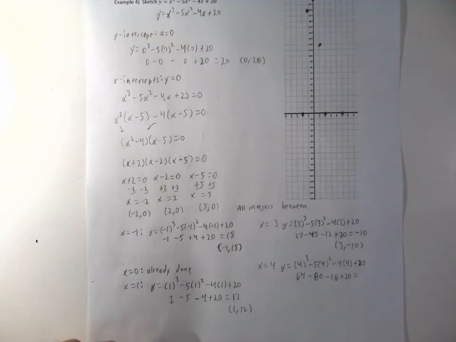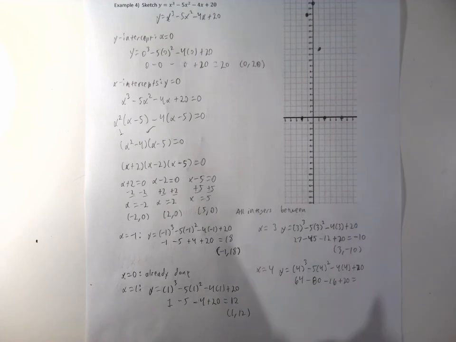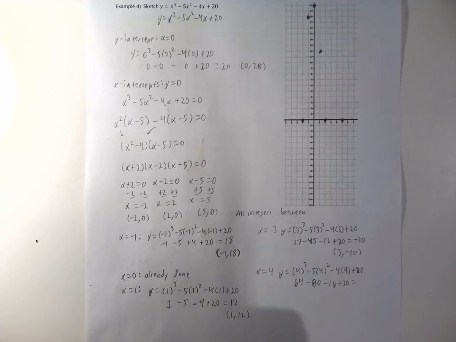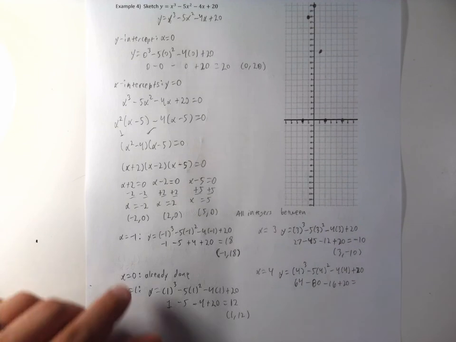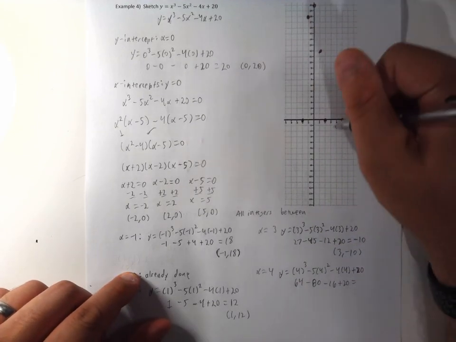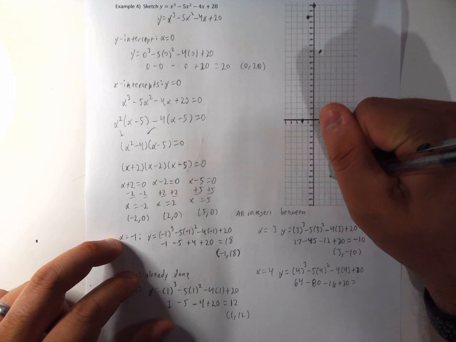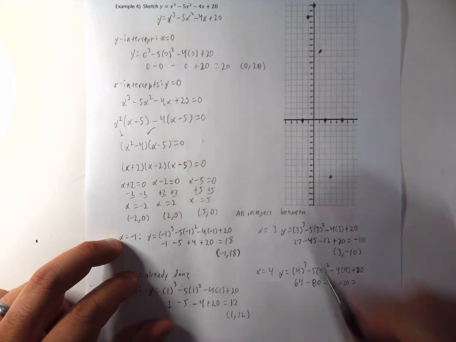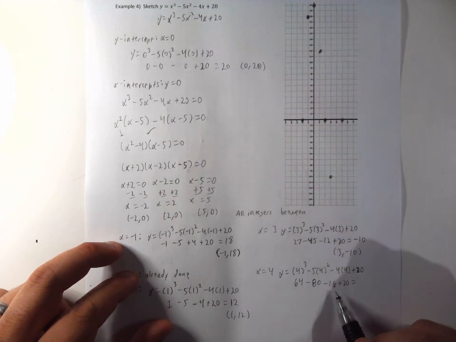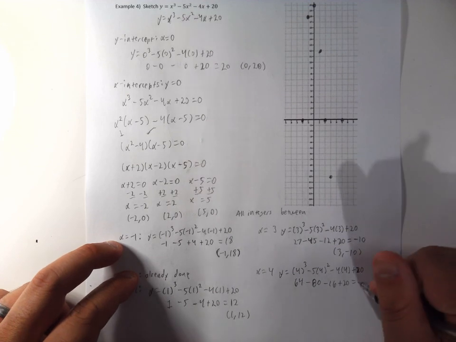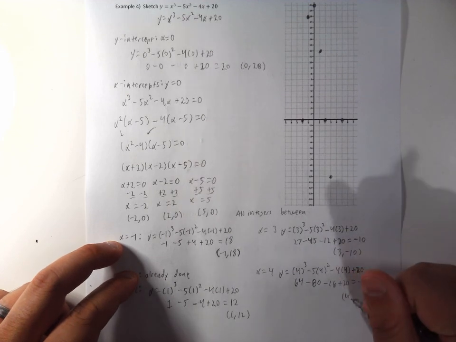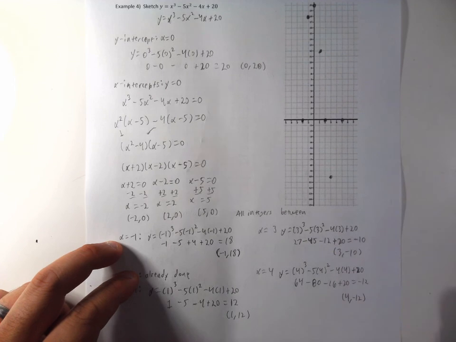So, -16 minus 16. Oops, let me go ahead and do the 3, -10 as well. And then -16 minus 16 is negative 32 plus 20 is -12. So that'll be 4, -12.